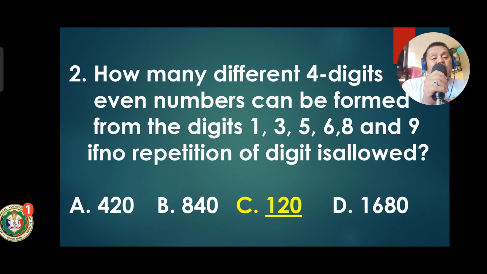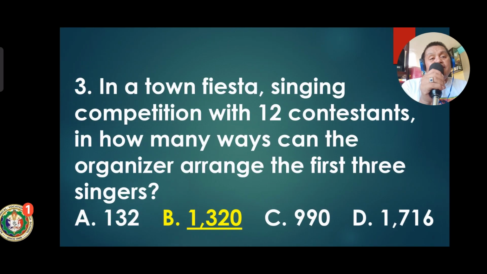In this case, the possible answer is 120. But do not rely on this possible answer. Please solve the problem. If you have solved it and the answer is 120, then the answer is letter C.